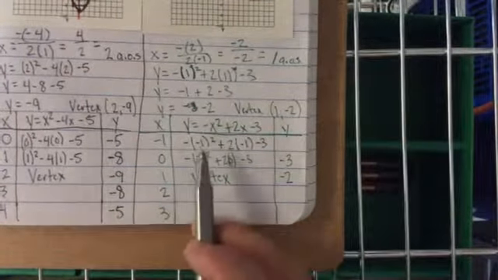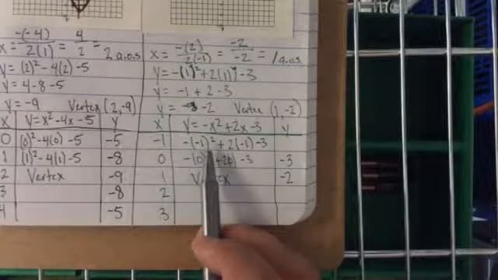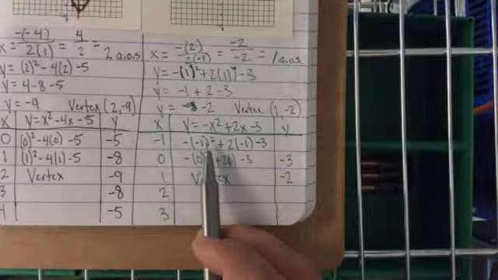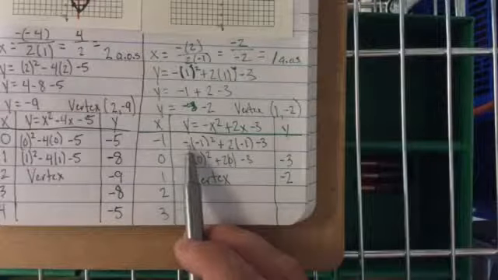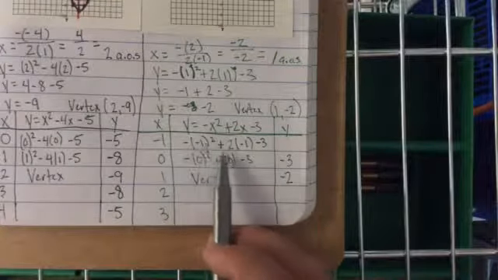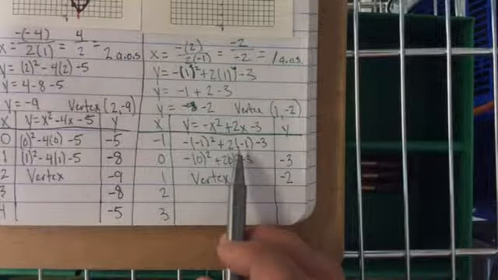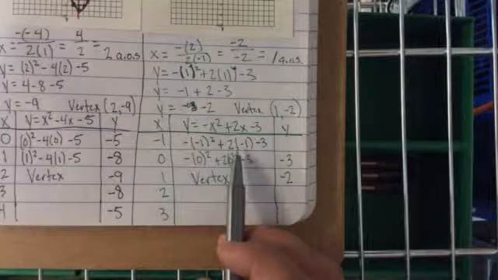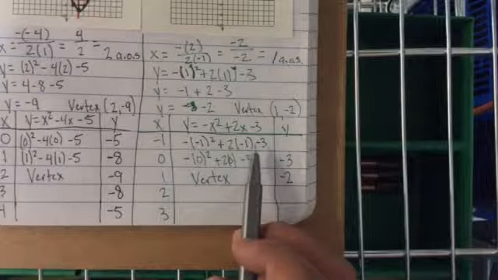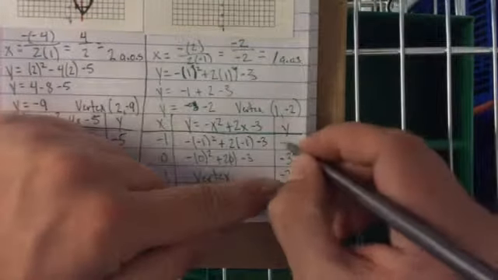So negative 1 squared, negative 1 times negative 1 is 1. The negative of that, negative 1. Plus 2 times negative 1. So negative 1 minus 2, negative 3 minus 3 is negative 6.